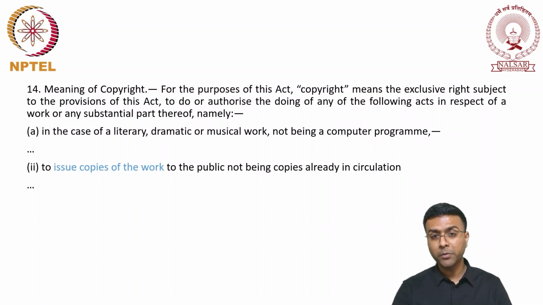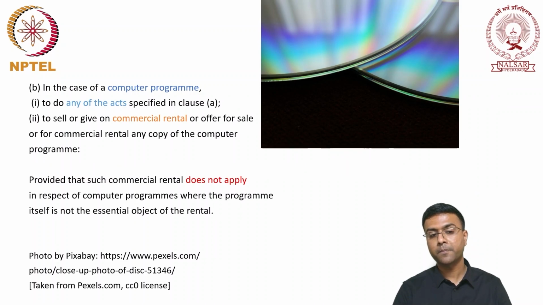With respect to computer programs, we find there is another provision within Section 14 which provides for these copyrights. Apart from the right to issuance of copies which literary works have, how does a computer program earn the copyrights that literary works have?